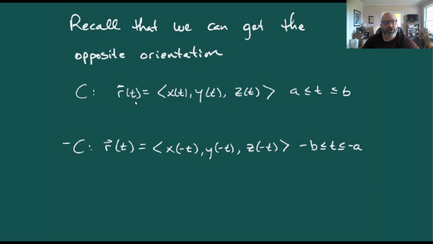So if we had our curve C being r of t, just x of t, y of t, z of t, with t going from a over to b, then we can give it the opposite orientation, and sometimes we'll denote that with this minus C. So this is the opposite orientation of the curve C. We've got r of t, just replace t with negative t on the inside. So we've got x of negative t, y of negative t, and z of negative t, with t now going from negative b up to negative a.